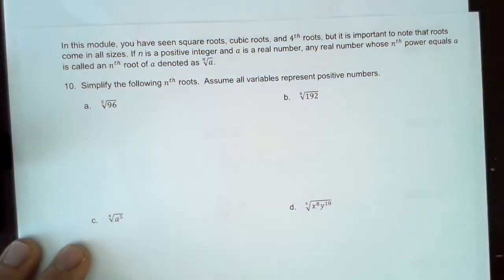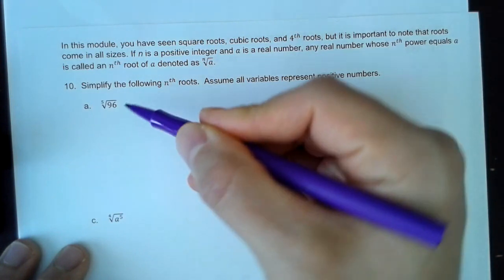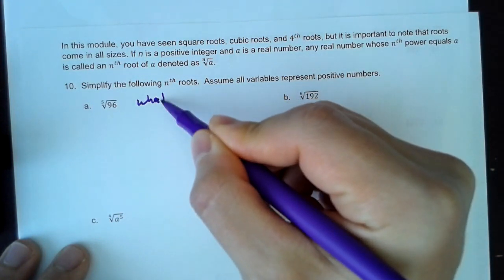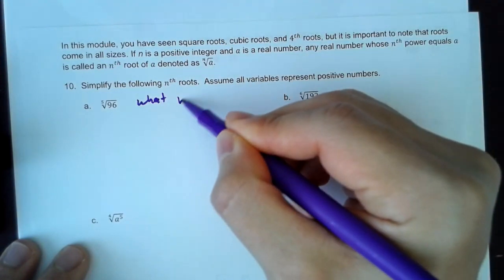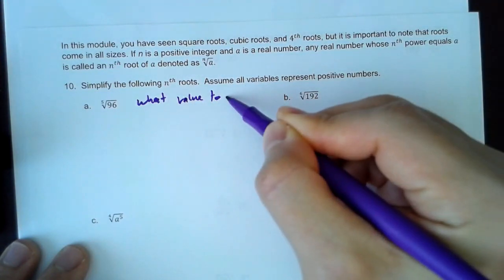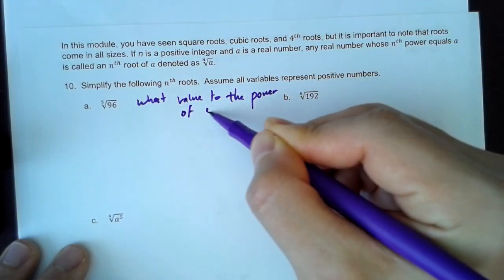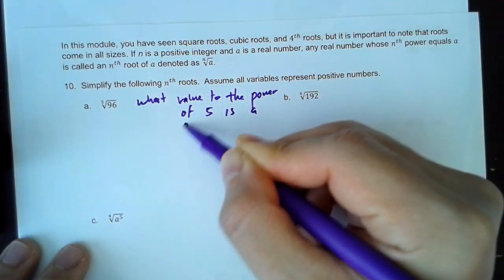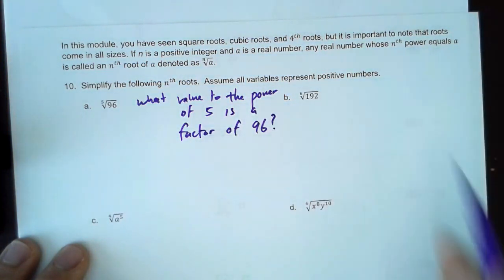So the fifth root of 96, you have to locate what value to the power of 5 is a factor of 96.